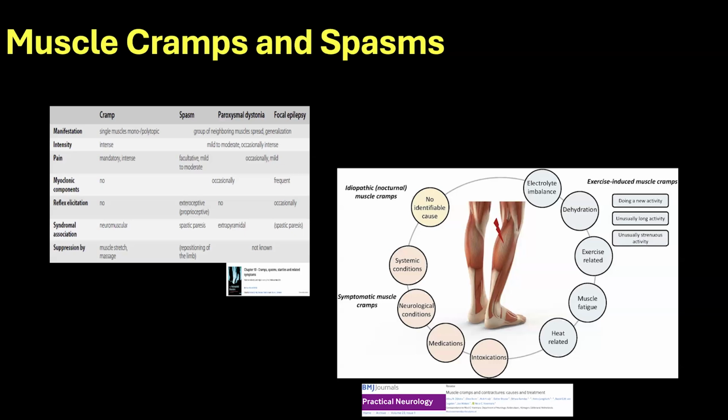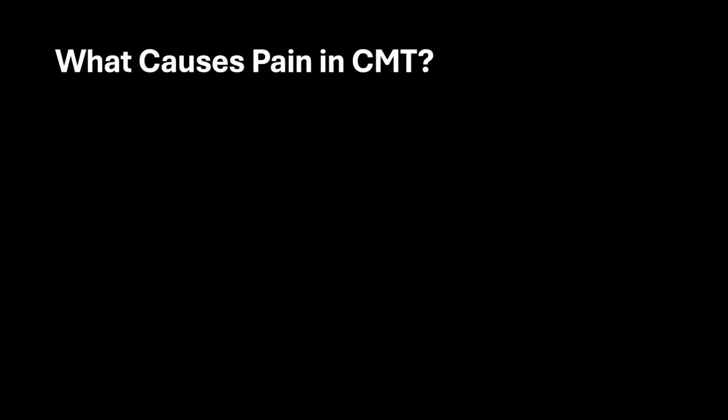And there are lots of things that can cause it: electrolyte imbalances, dehydration, other diseases, rheumatologic disorders, new medications, alcohol, tobacco. All these things can elicit muscle cramps. And we'll talk just a little bit later about how all these things integrate into how we understand cramps and manage cramps as well.